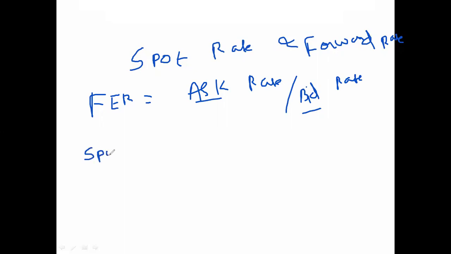One is the spot rate, and another is the forward rate. Spot rate means a rate which is applicable for today. If you want to buy and sell foreign currency today, the rate which is applicable is known as the spot rate.